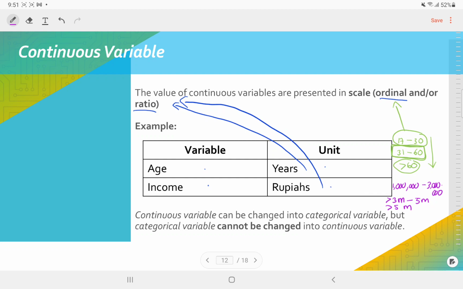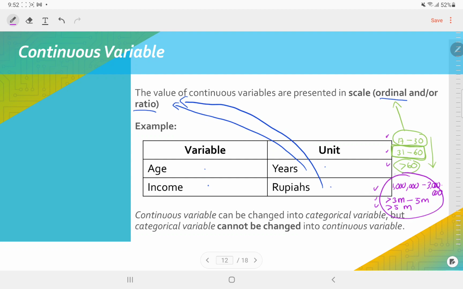But you should have reasons. Maybe based on previous research in a journal article. Maybe it's based on your discussions with the government and so on. So you must have reasons to make this kind of category, right?